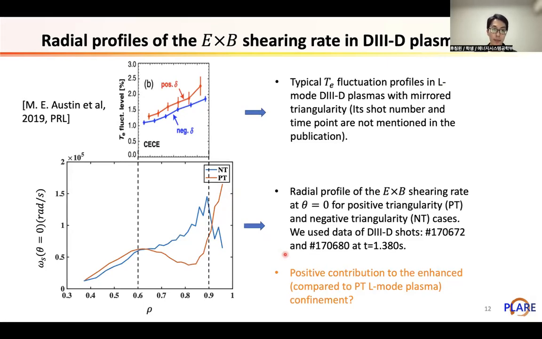We can regard it as a possible factor that has a positive contribution to the enhanced confinement, because in this region, the NT plasma has higher flow shearing rate.